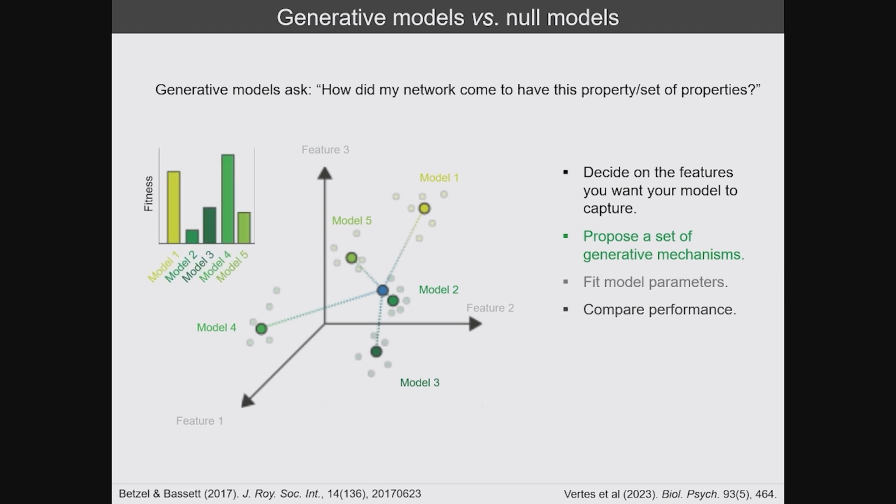Right? We can maybe measure some kind of fitness or distance from our observed network. And then we ultimately try to improve our model in some way. We figure out what we missed, identify new mechanisms, and the cyclical process repeats. Right? We improve our models and we go through these same steps again and again. That's generative modeling in a nutshell.